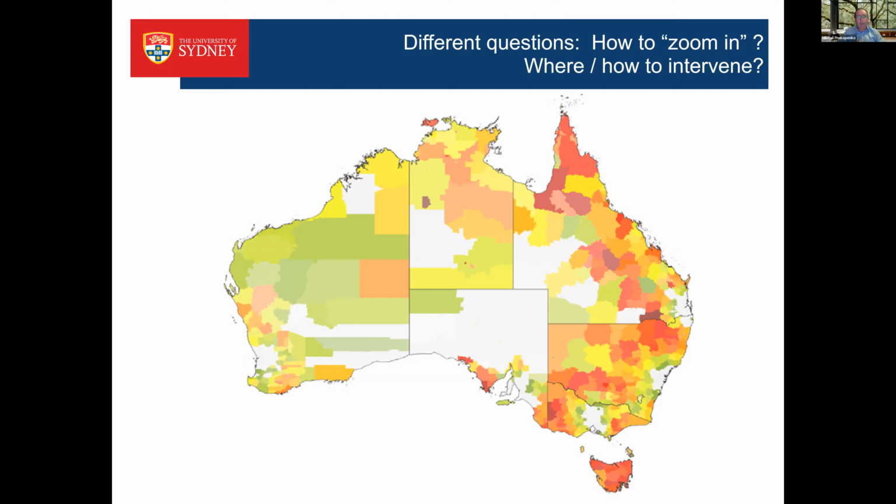And the second type of question is, where and how do you intervene in order to bring it under control? And in a compartmental model, the only way you can even pose this question is to say what should be the R effective to bring it down, right? And what is the R effective, for example, at any particular time?